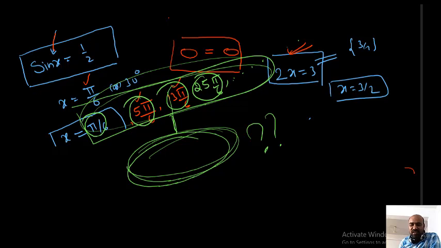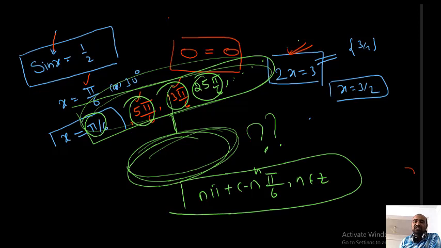So I will write here: n pi plus minus 1 power n into pi by 6, where n belongs to z. This is a single rule satisfied by all these solutions. But how did you get that? That I will explain later. Just accept it for now. So this is the common rule satisfied by all these solutions.